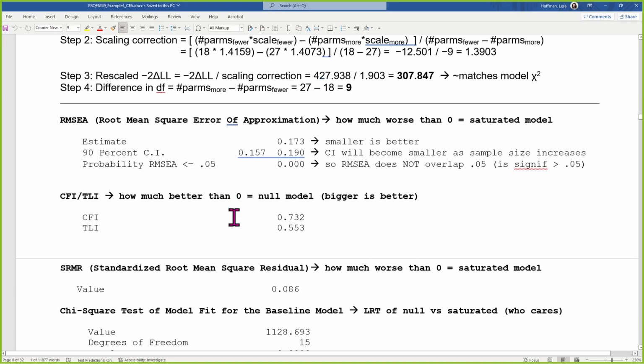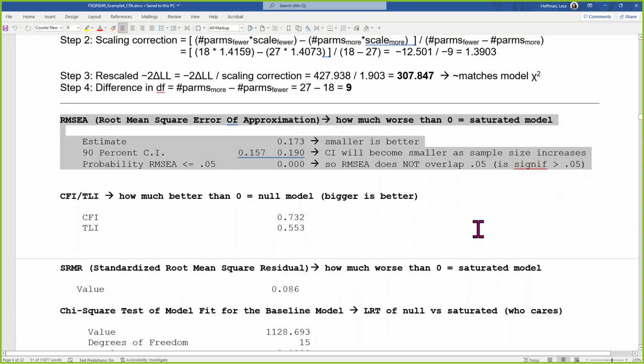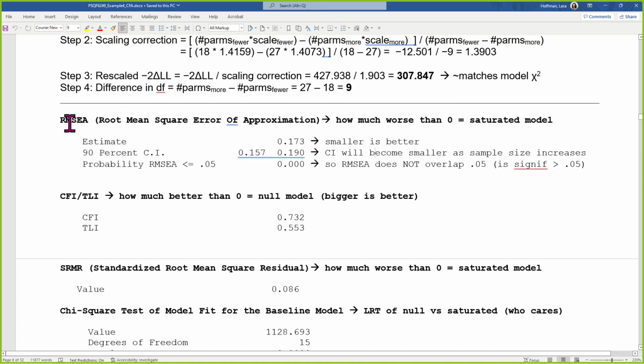Other fit indices, RMSEA is also relative to the perfect model, so the best it can be is 0. Conventionally, we want RMSEA to be 0.05 or less, maybe up to 0.08, but not above that. Ours is 0.17, so definitely not good enough.